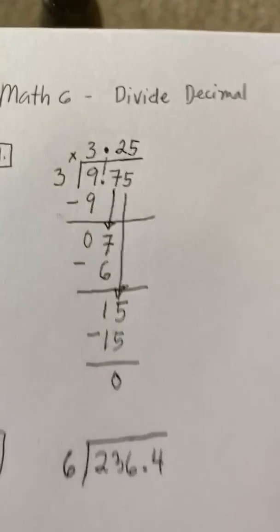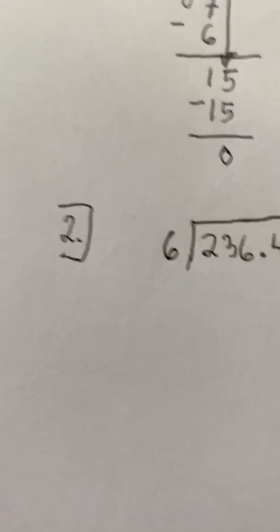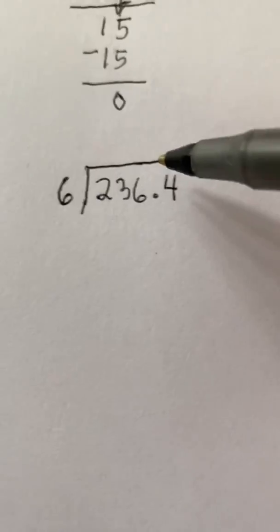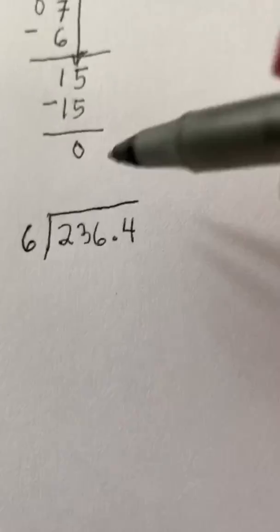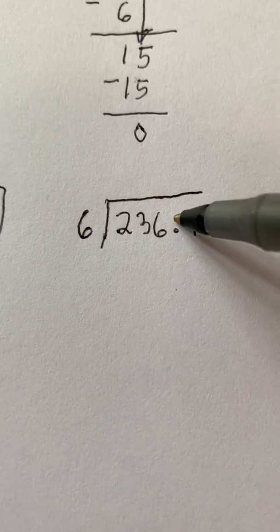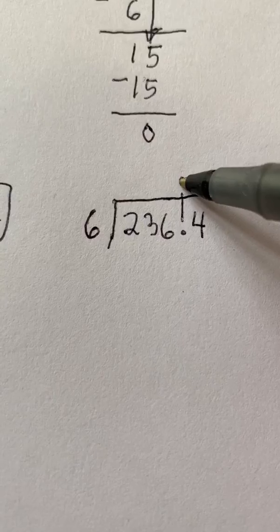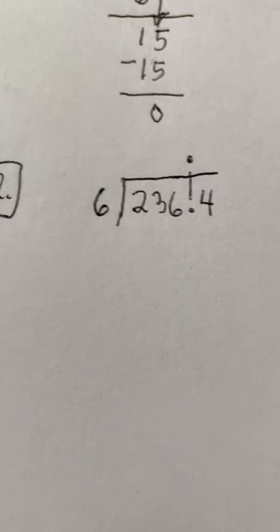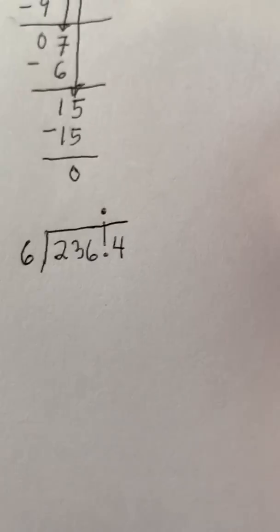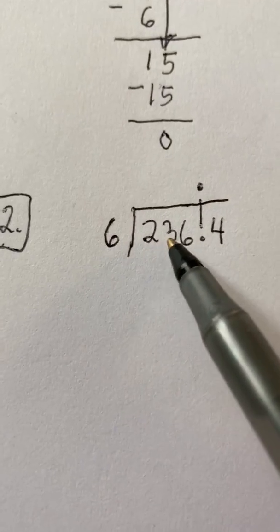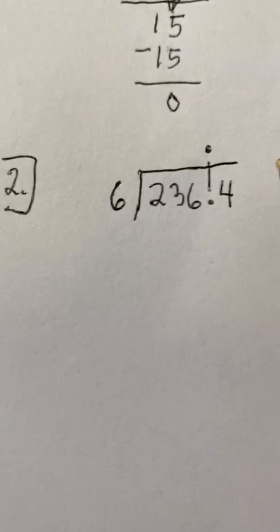So again, like what we did in the first example, we have to relocate the decimal point. So again, it should be straight up. So I will put my decimal point straight up. There we go. That's the decimal point. Now the next step, as we have done here, is to divide one digit at a time.